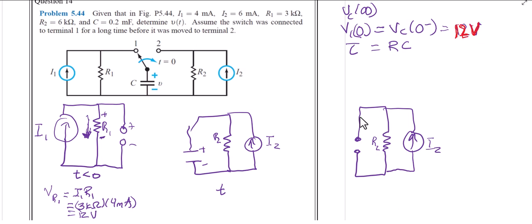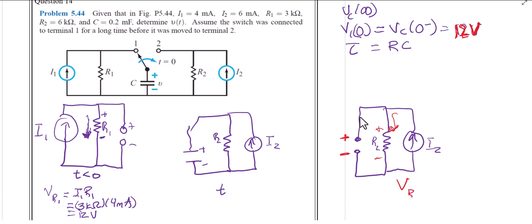Okay, now let's find VC at infinity. Notice again we have this is plus, this is minus. Again, it's in parallel with the resistor, and the current is going down the resistor. So that's the plus side and that's the minus side. So that's good. And so again, V will equal IR.